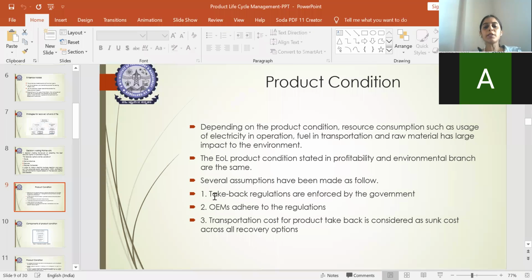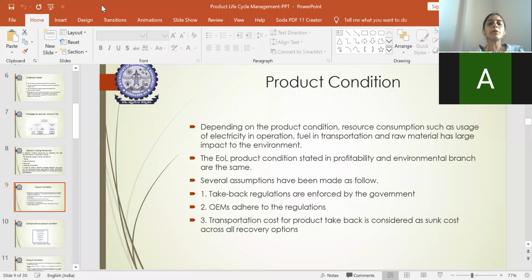One assumption is take back regulations are enforced by the government, the second is OEMs adhere to the regulations, and the third is transportation cost for the product take back is considered as sunk cost across all recovery options. So these are some assumptions being made related to the product condition.